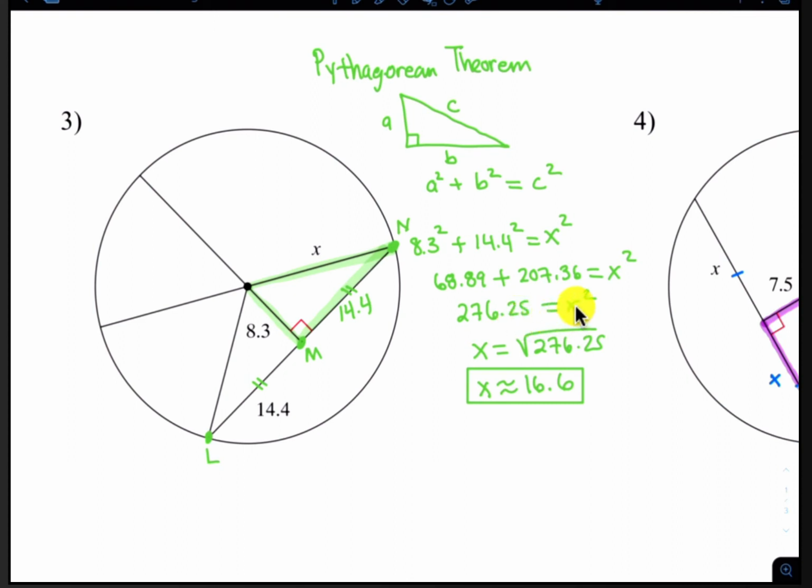That's equal to X squared. Now we have to undo the square, so we will take the square root of 276.25 to solve for X. So using your calculator, the square root of 276.25 happens to be approximately 16.6, and that's rounded to the nearest tenth.